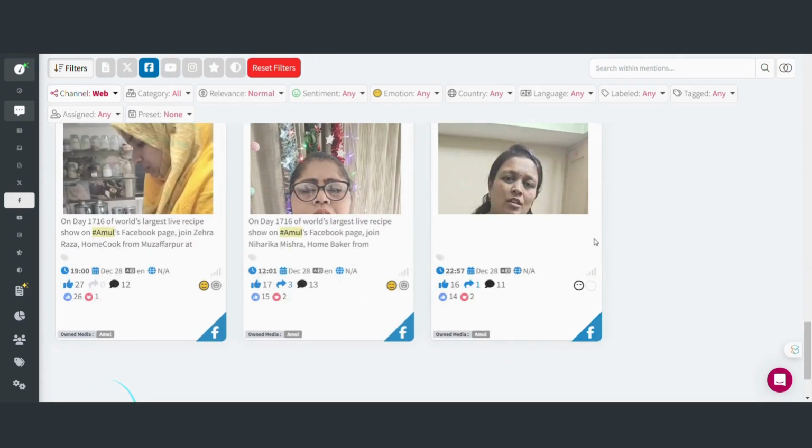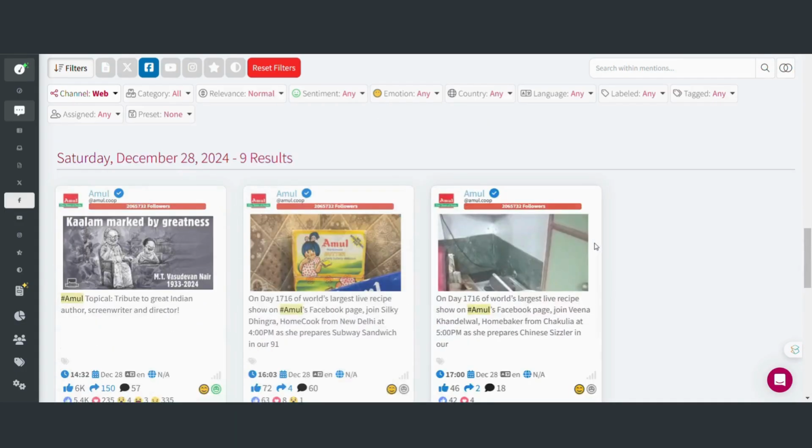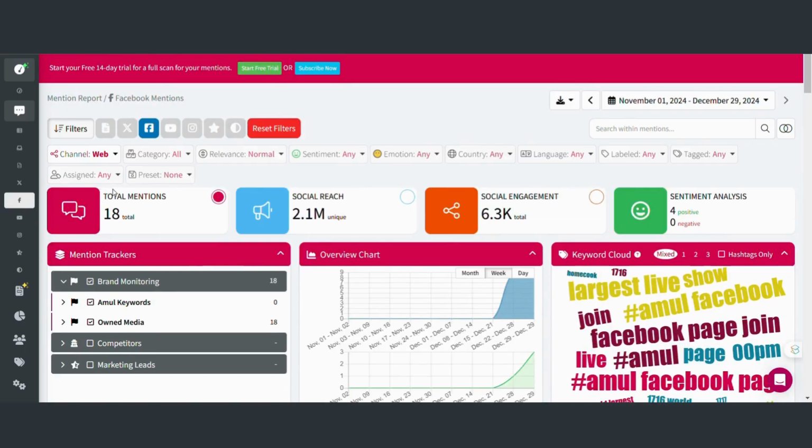Thus, you can see a comprehensive list of all tweets on specific dates, and again here you can see a total count of the Facebook mentions in the period I've selected.